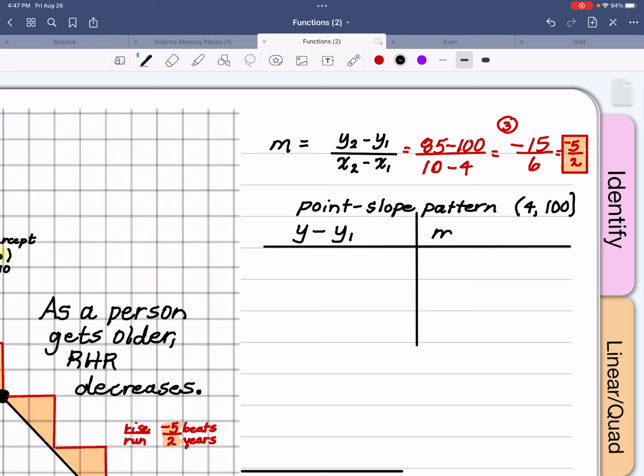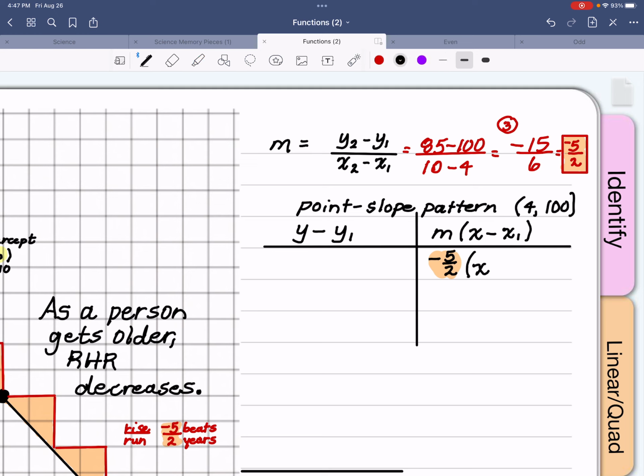equals m x minus x1 in parentheses. And we just found slope. That's negative 5 halves. Let me color code for you. There's slope. That's m.